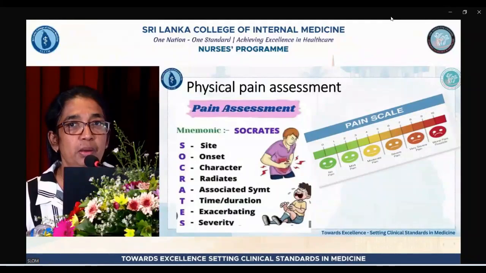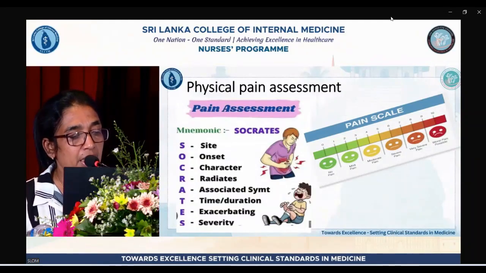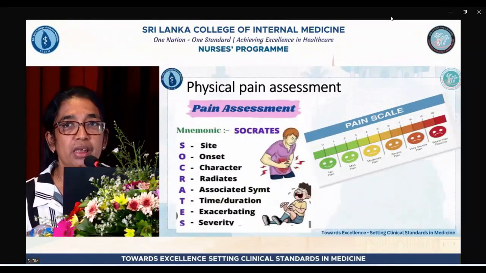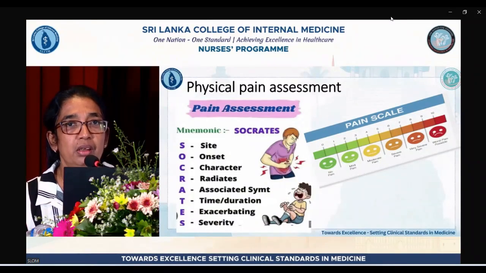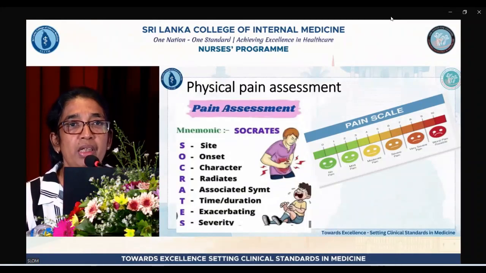So if the patient is complaining of numbness or a different feeling, warm or something, it is important to document and let the medical officer know that. And radiation, associated symptoms, nausea, vomiting, in acute myocardial infarction or acute appendicitis or some acute inflammatory conditions, we rely very much on these associated symptoms as well.